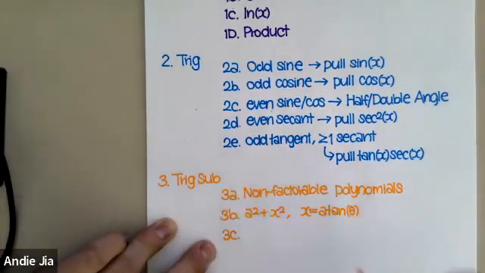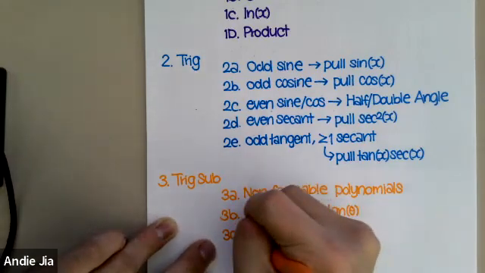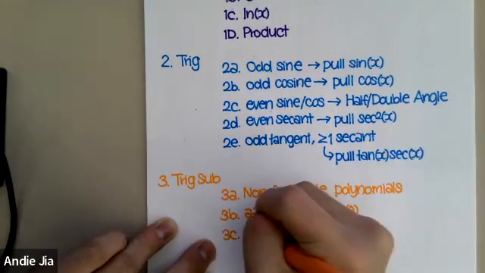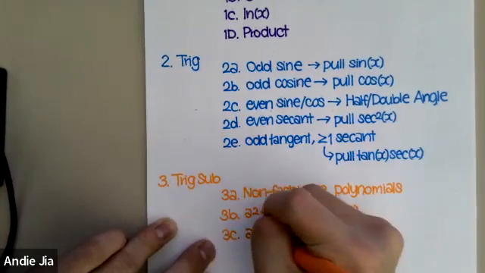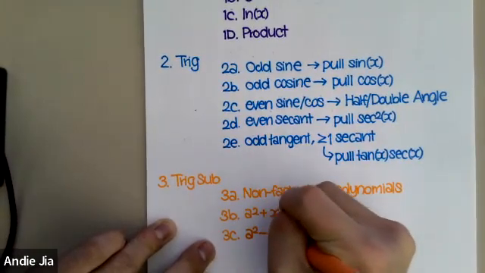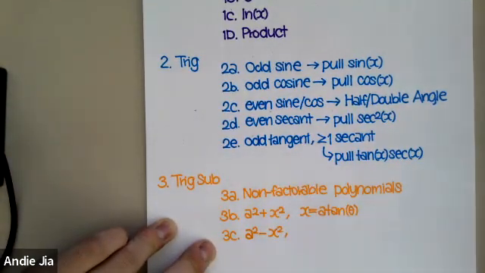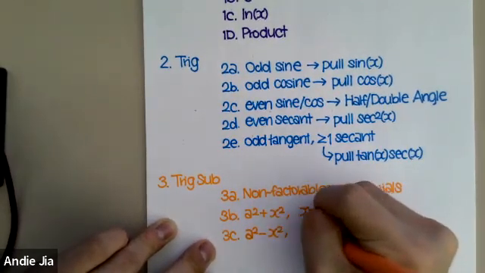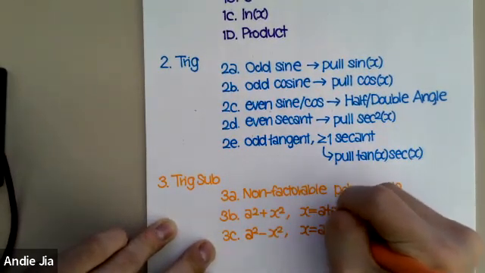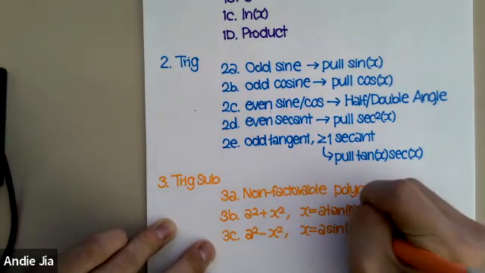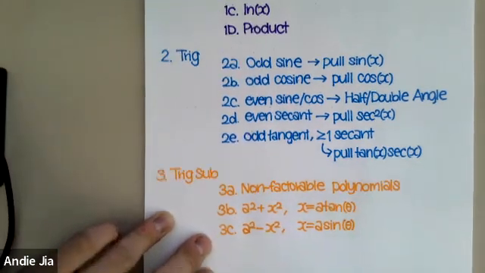Case C is a squared minus x squared, then x equals a sine of theta.